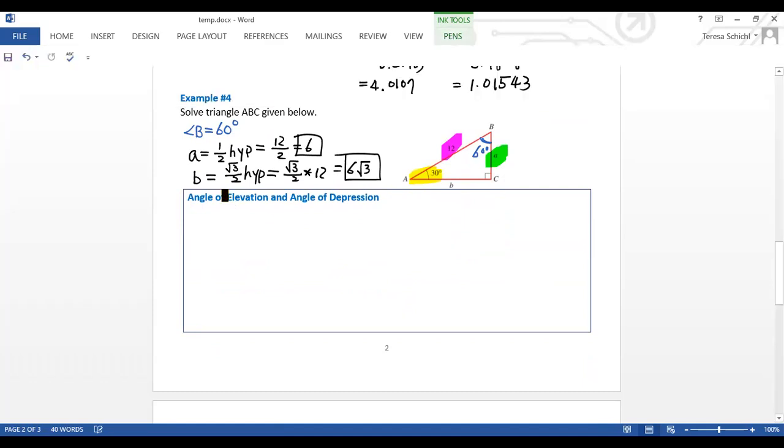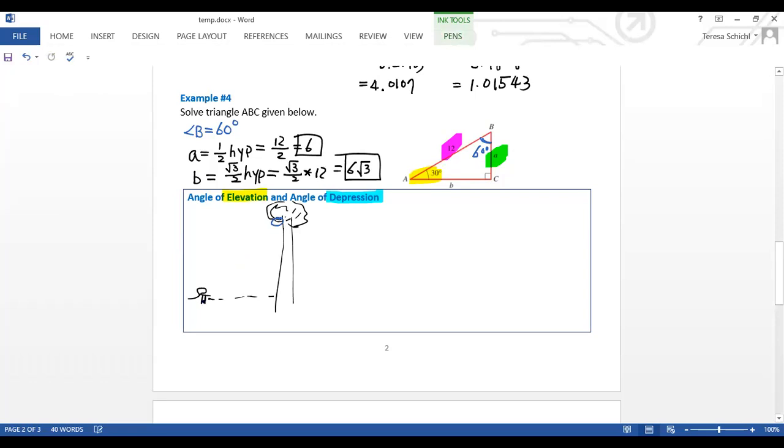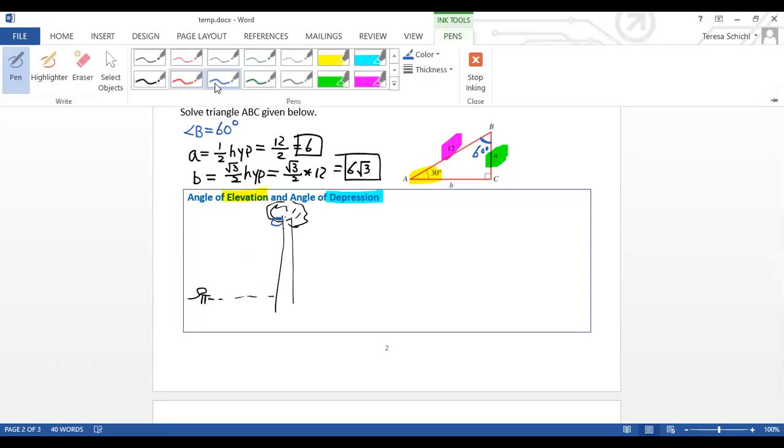Here we're going to talk about the angle of elevation and the angle of depression. The angle of elevation is basically when you look up at things. Say you are standing here and there is a big tree, and there's a bird nest up in the tree.